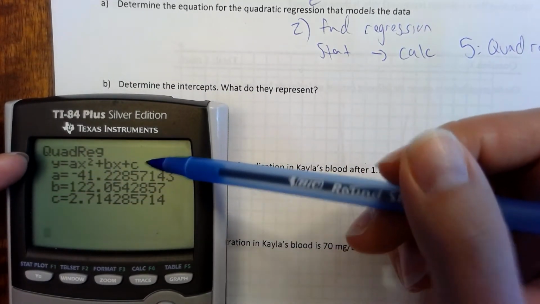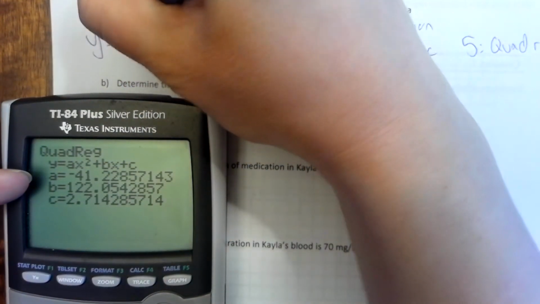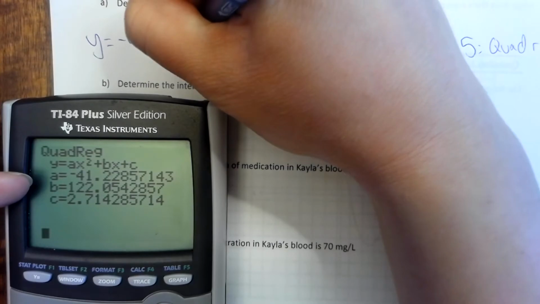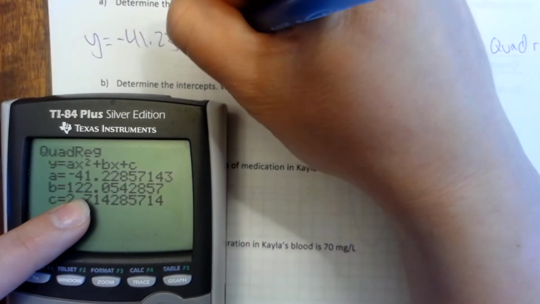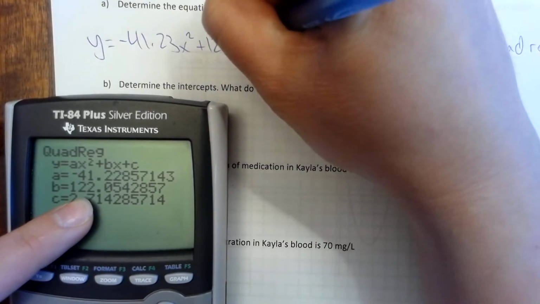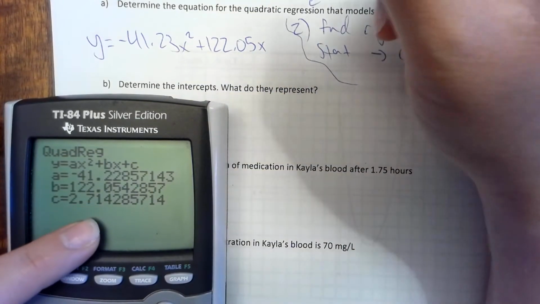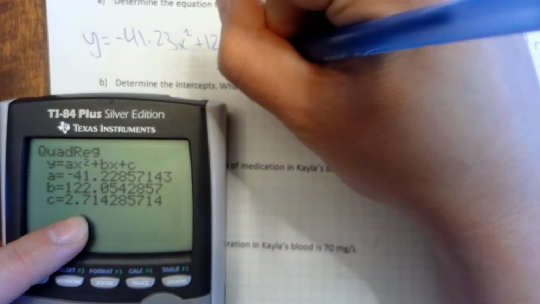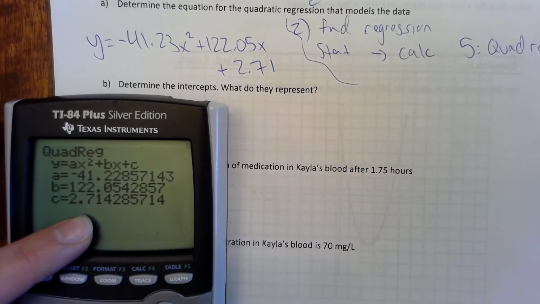We say y equals, we say the a value, negative 41.23, x squared, gotta have that x squared in there, plus b, 122.05, we're using 2 decimal places. You'll notice that's just x, and then plus c, 2.71, and that doesn't have any decimal places on it. Good? All right, so that's my equation.